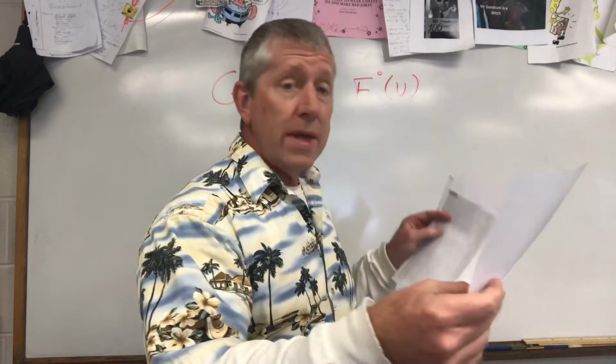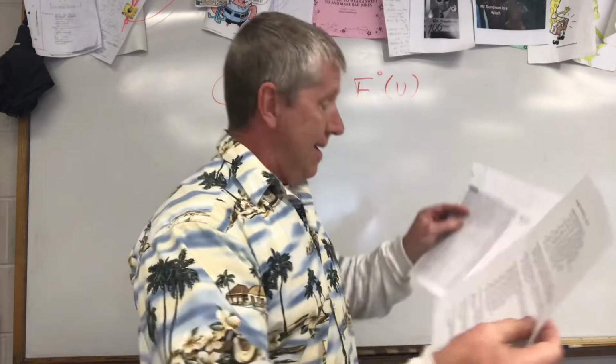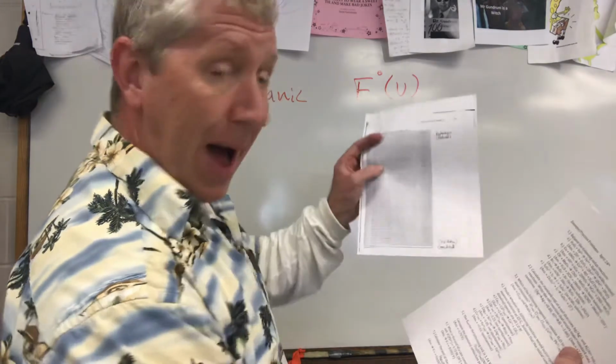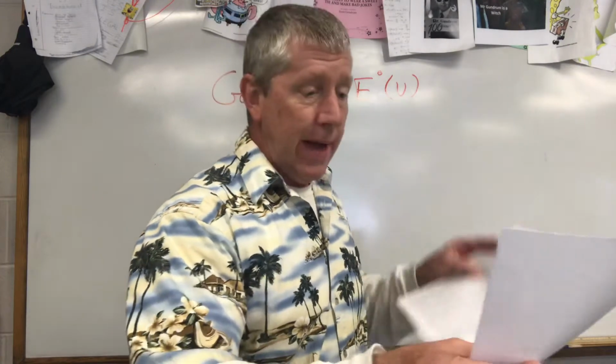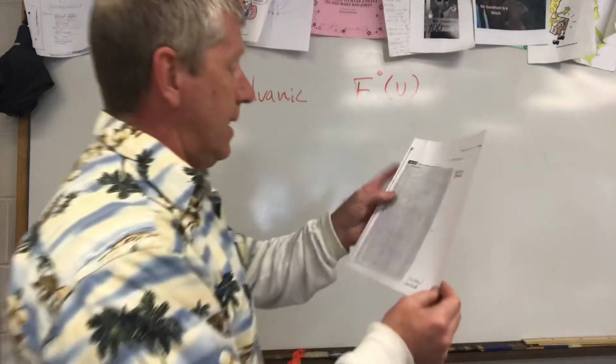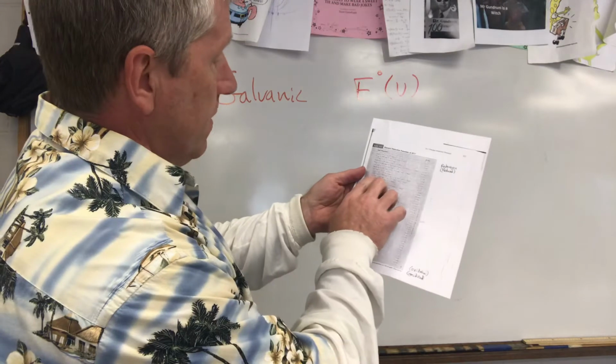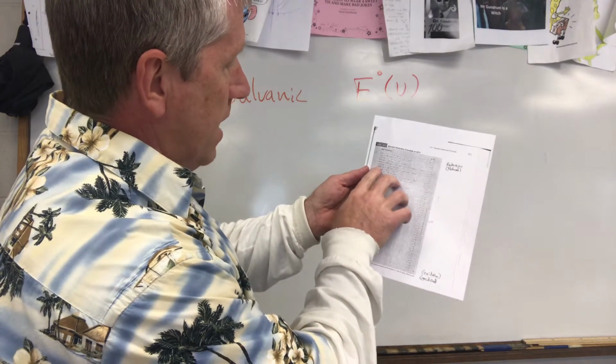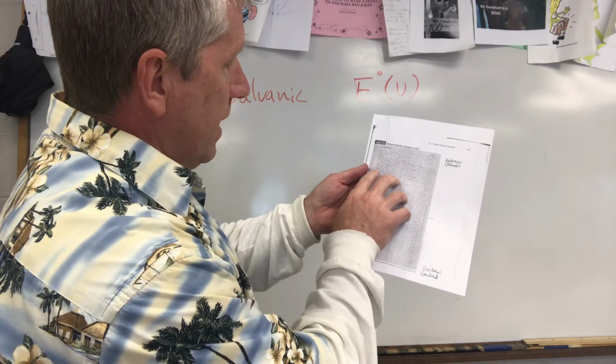Now, do any of these on here, the hydrogen, the chlorine gas, the copper, the lead, the permanganate, the only 2 things on this choice list that are higher up than the water reaction are the chlorine gas and the permanganate ion. So there's my water, and the permanganate's higher, and the chlorine gas is higher.